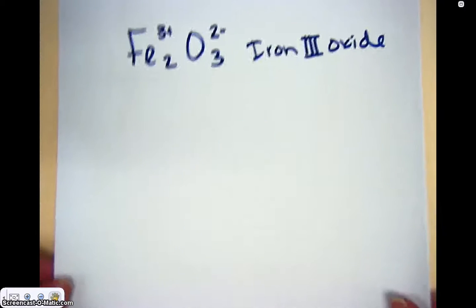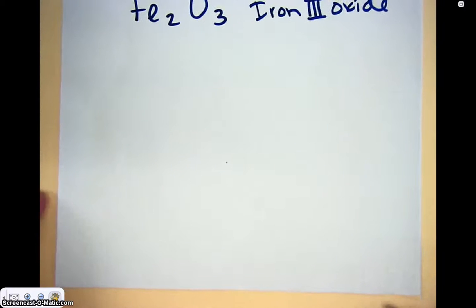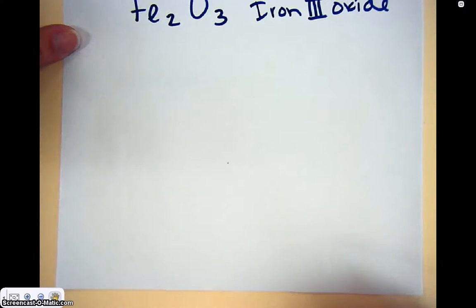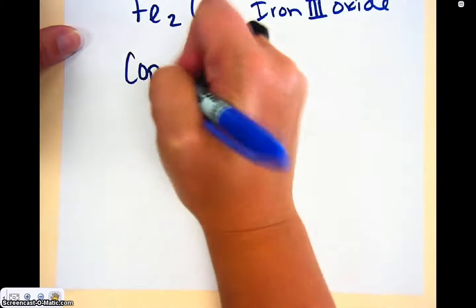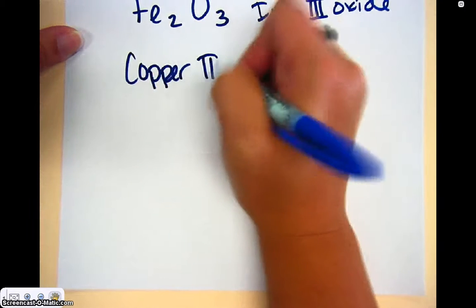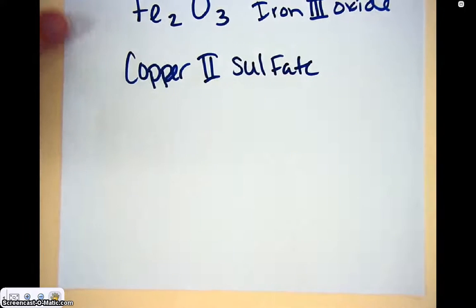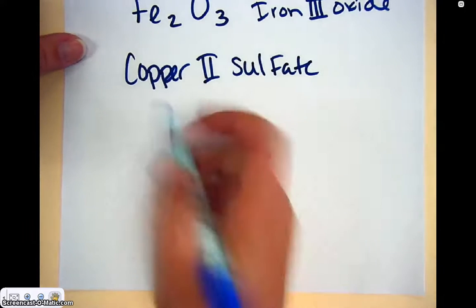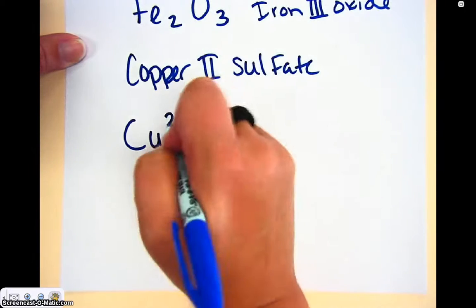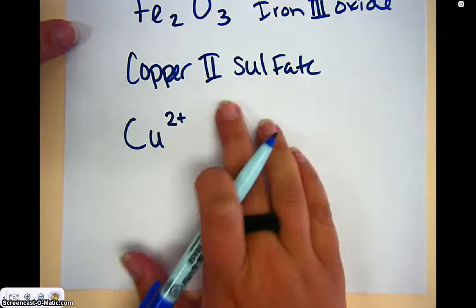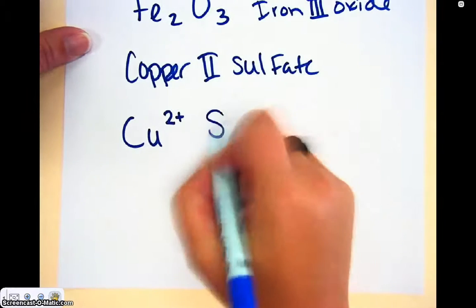Okay? So I'm going to do one that actually combines both polyatomics and Roman numerals. So let's do copper 2 sulfate. Okay? Copper 2 sulfate would be copper with a 2+ charge. Sulfate is SO4.